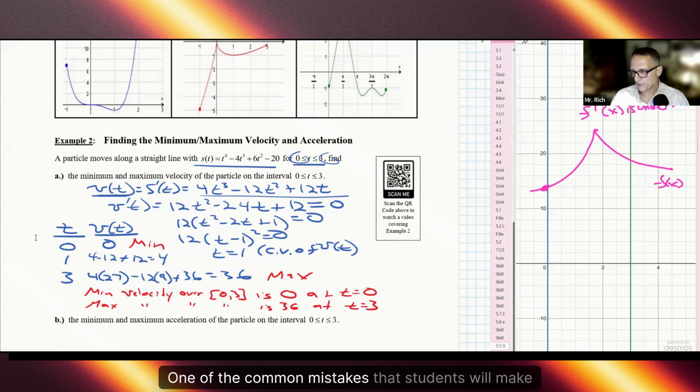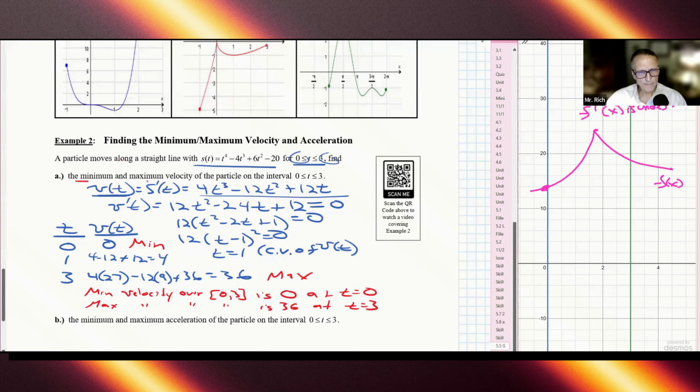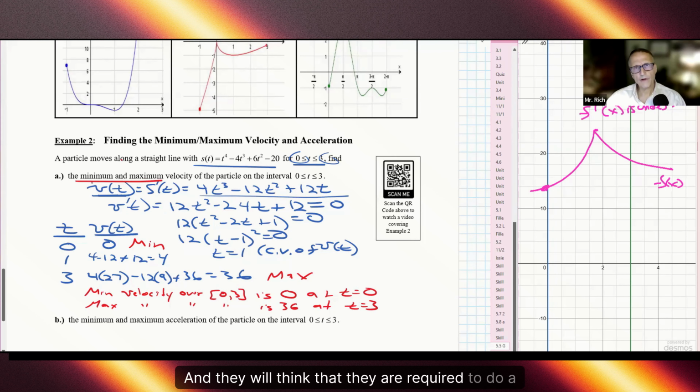One of the common mistakes that students will make on a problem like this is they will see minimum and maximum, and they will think that they are required to do a number line test where you plot the critical values on your horizontal axis and then pick values of x to represent the intervals created by the critical values. But you don't need to do that on an absolute extreme.